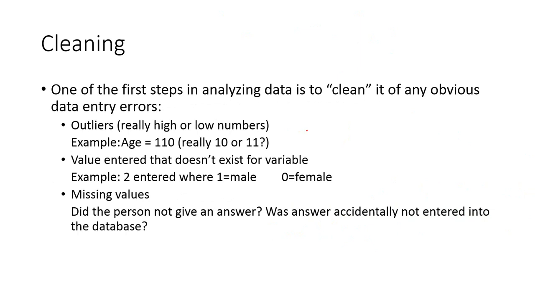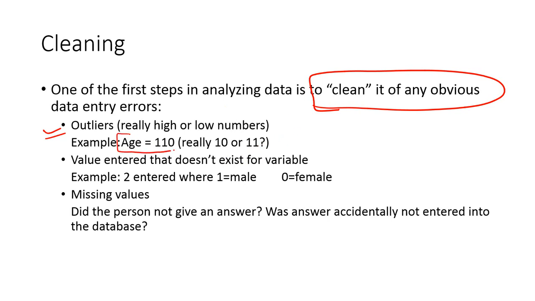Data cleaning. One of the first steps in analyzing data is to clean your data. So what are the ways you can clean your data? Well, first you need to see if there is presence of outliers. Really high or low numbers should be removed from your data. For instance, if somebody's age is, let's say, 110, it cannot be 110, right?